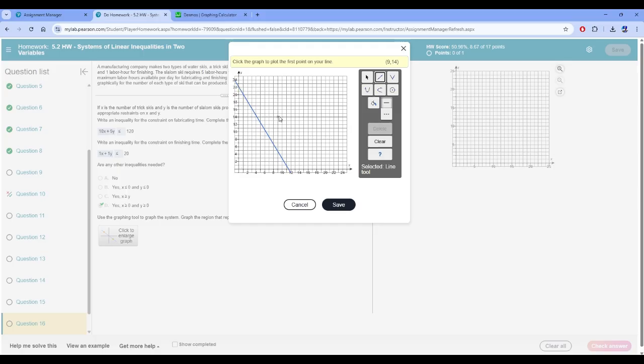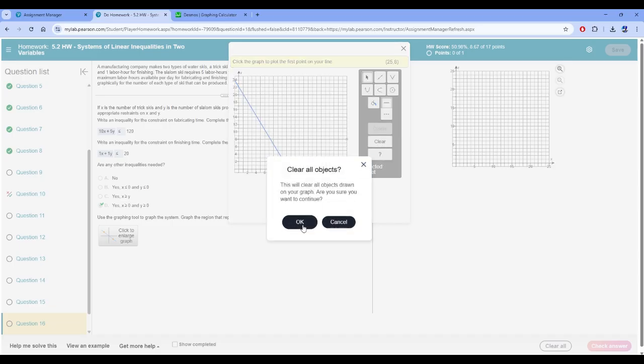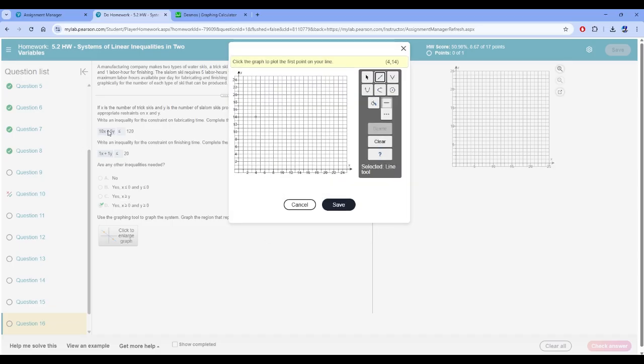This is not the right point. Dang it, I gotta clear this. Okay, so again, this is going to be 12. So when y is 0, x is 12. This is 12, 0. And then that's going to be 24, so that's 24, 0 right there. And that's going to be less than. My second equation is going to be 1, 1.